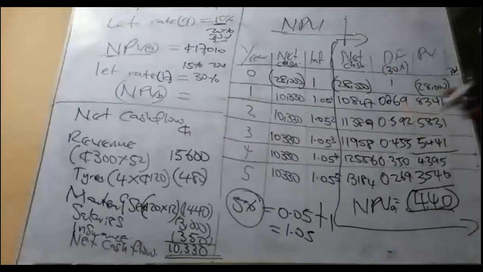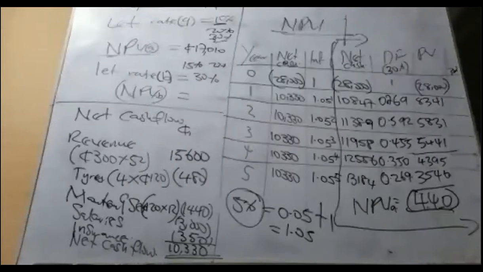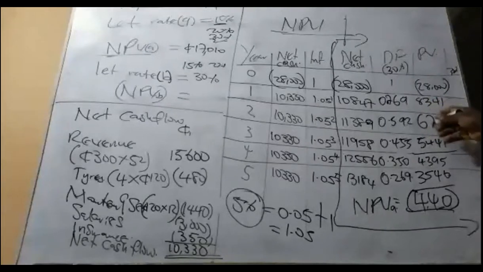So basically that is it. So probably to have slight impact here. So 0.592 times 11389 gives us 6742.